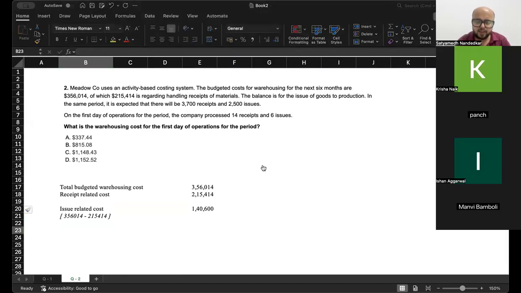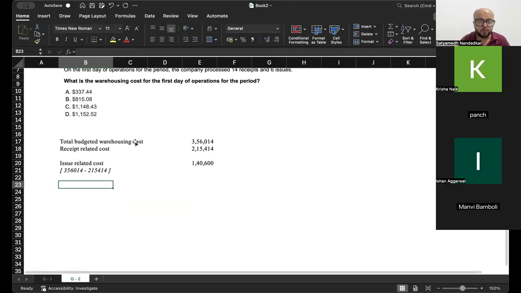This is my issue related cost. Now, what have they asked me? They are asking me what is the warehouse cost for the first day of operations. You have identified the cost of issue and the cost of handling the receipt. Now, in the same period, it is expected that there will be 3,700 receipts and 2,500 issues.